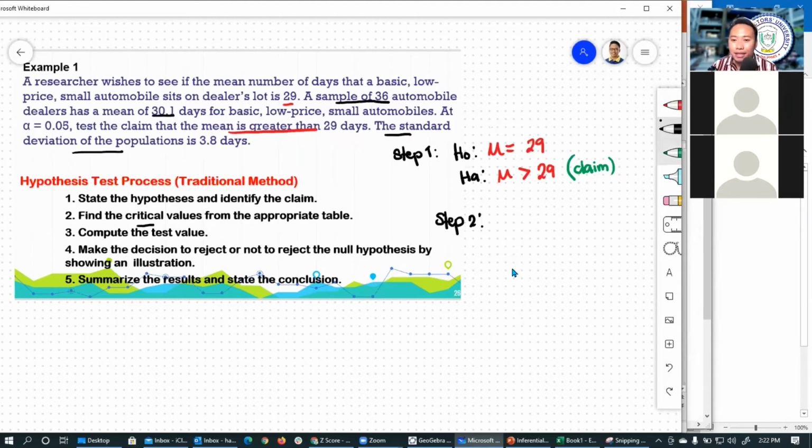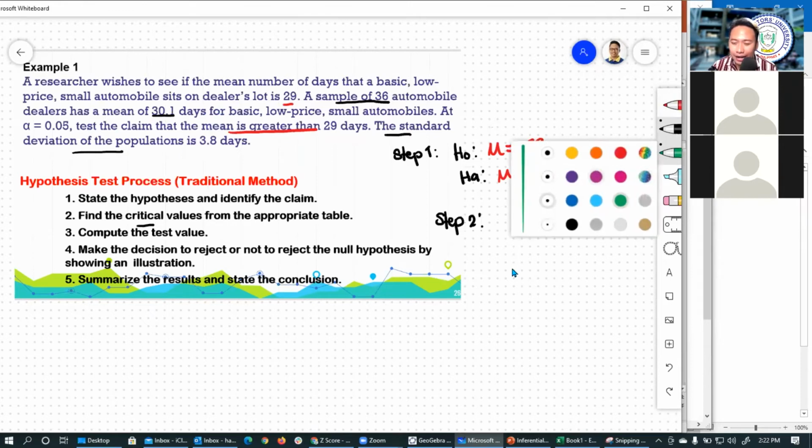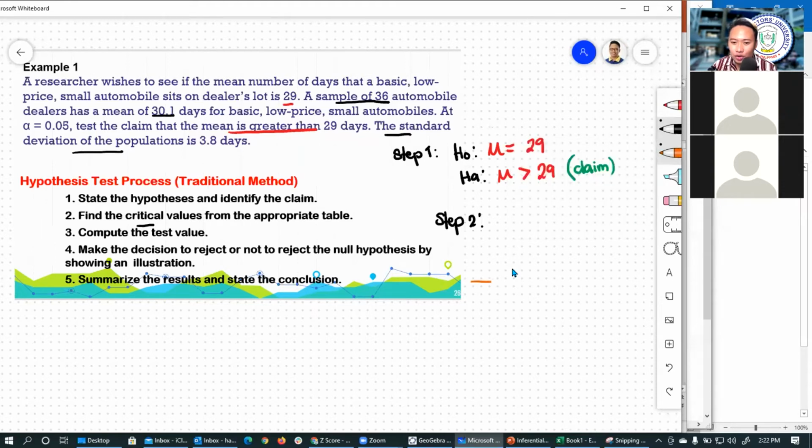Okay. I'm going to choose a different color. Let's try orange. So, I'm going to be illustrating for you the normal curve, guys. There. And this is the mean. I'm going to be looking at the right side. If you're going to ask me, sir, why did you look at the right side of the normal curve? Step 2 will be an implication of step 1.